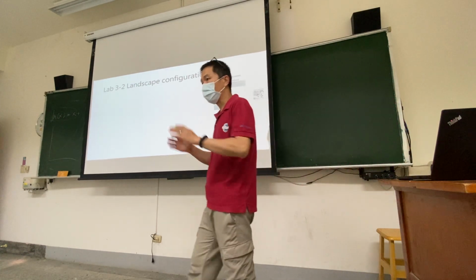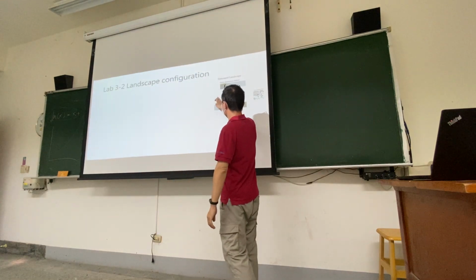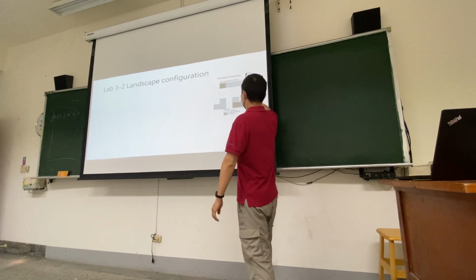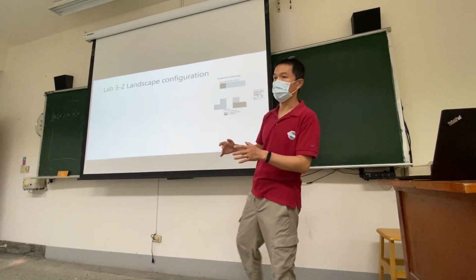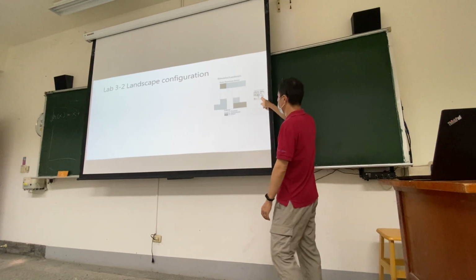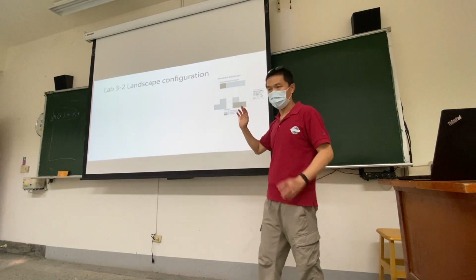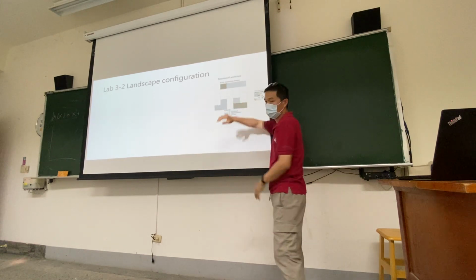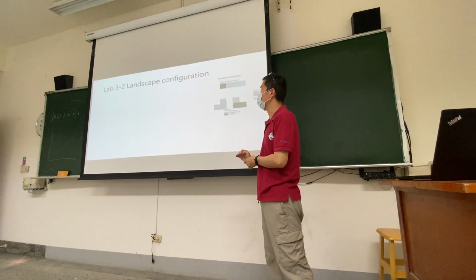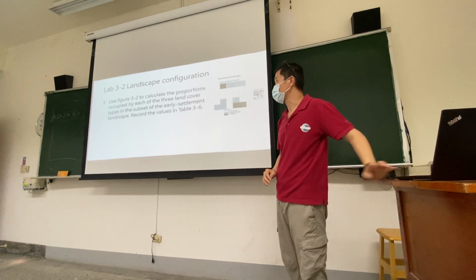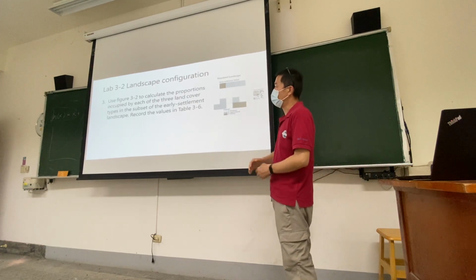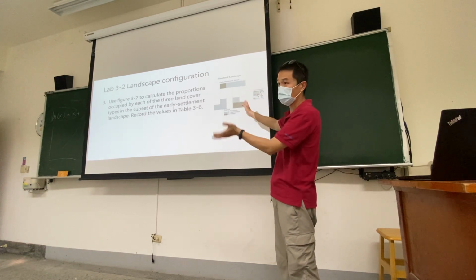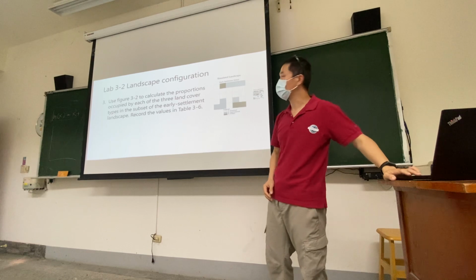For the second part, when we want to know the edge-to-edge relationship, we will use a subset of the landscape because all this is a little bit complicated, so we'll just focus on a small section. I'll give you a sheet later. We will use this one to calculate again the proportion and all kinds of basic information, how many patches, things like that.